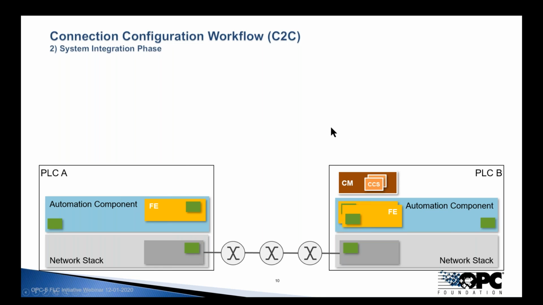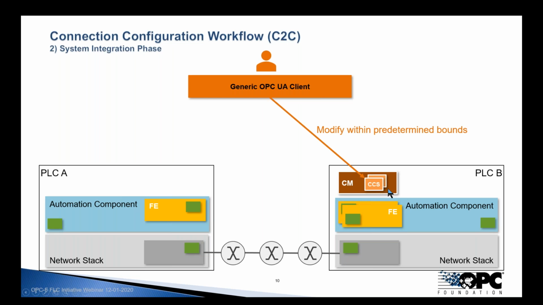And on the customer side, we have to talk to each other. At the customer side, we will get a name and an IP address. That is bootstrapping, which we will also cover at some point in our specification: how to assign names, IP addresses, etc., to the automation components. And since the connection configuration set also contains that address, we need the possibility to change that address at the system integration phase.